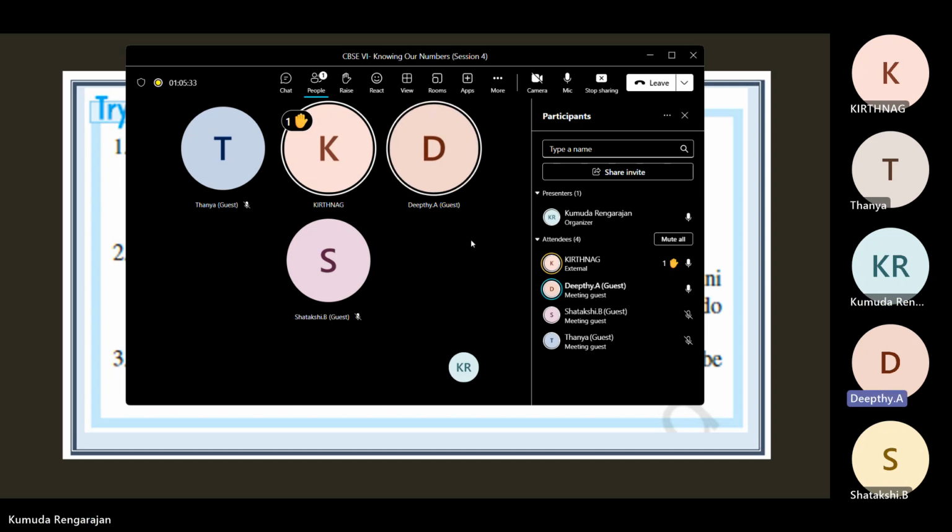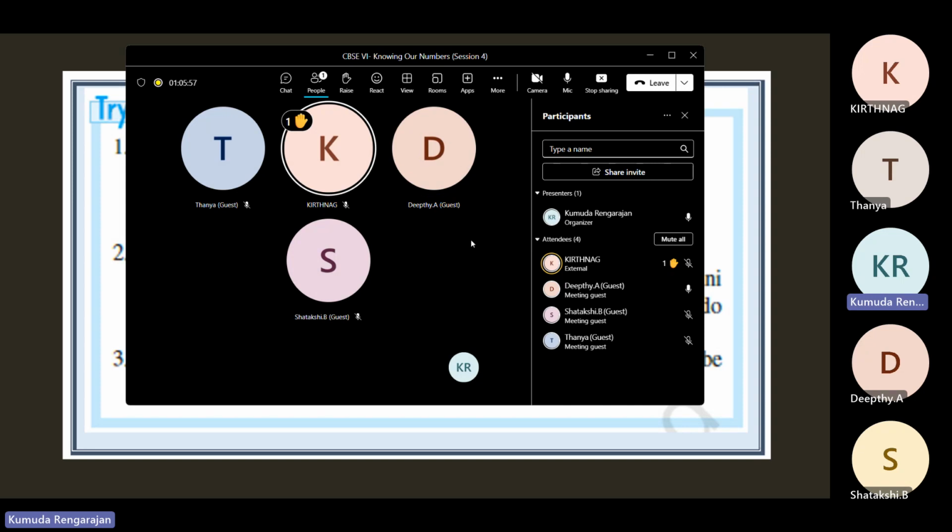After we solve the problems, are we supposed to take a screenshot and send it on WhatsApp? No. I'll be sharing the messages on WhatsApp, and I think your parents will keep track of that. Ma'am, so it's only for practice?